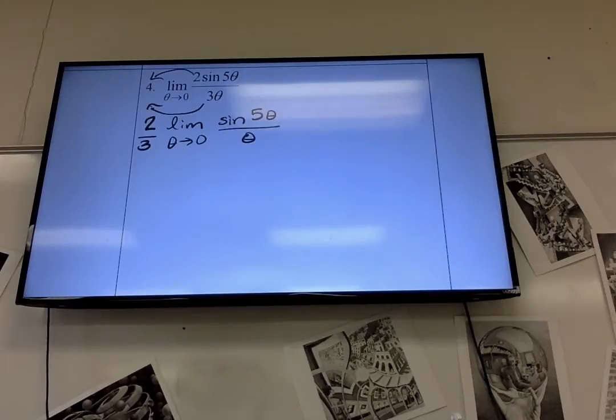The problem is I need a 5 now on the bottom. So I can just put that 5 there, but that's a divide by 5. So that means I have to multiply by 5, so 10 thirds. There you go. So that's 10 thirds times 1.